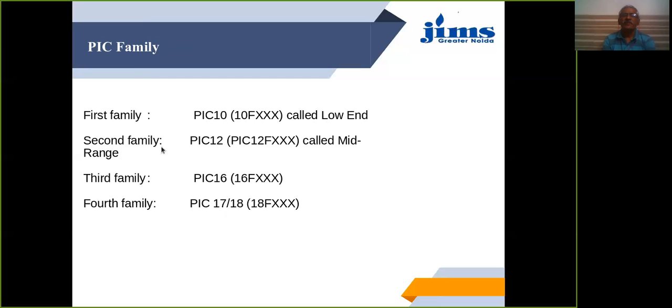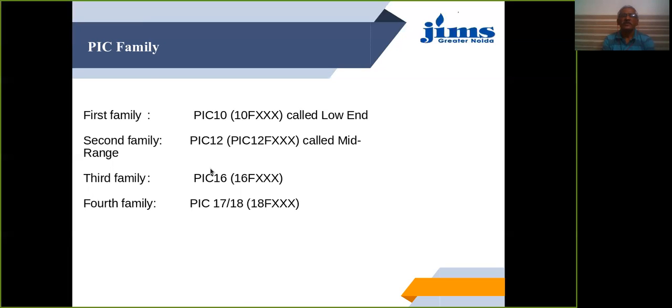The second family starts with the series PIC12, which is called a mid-range microcontroller. The series number is PIC12FXXX, where these 3 digits specify a particular controller.